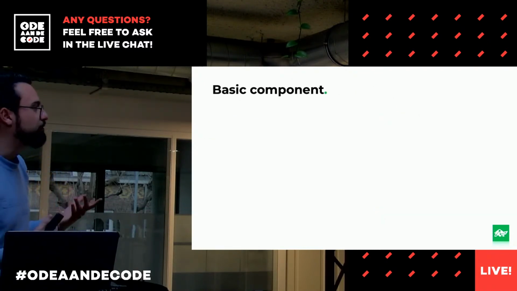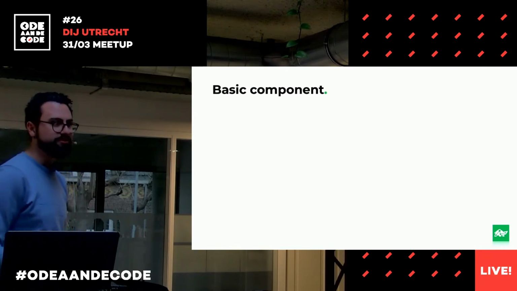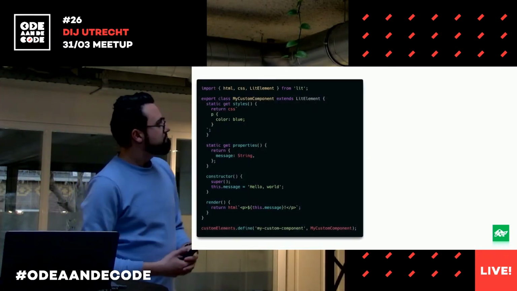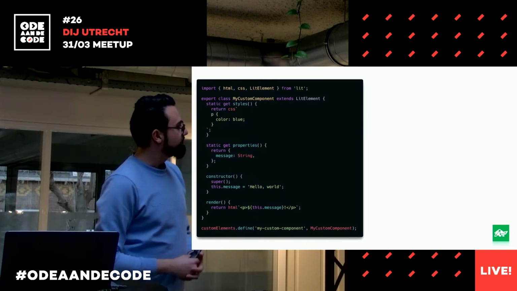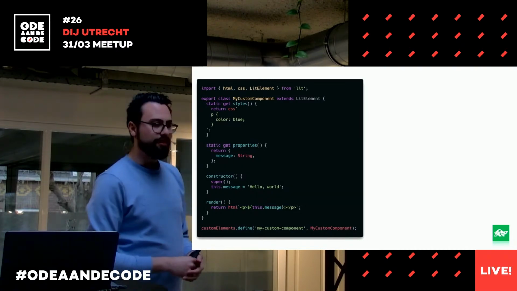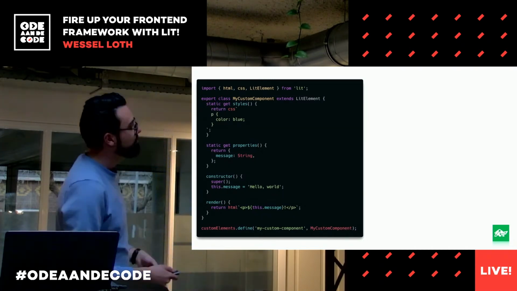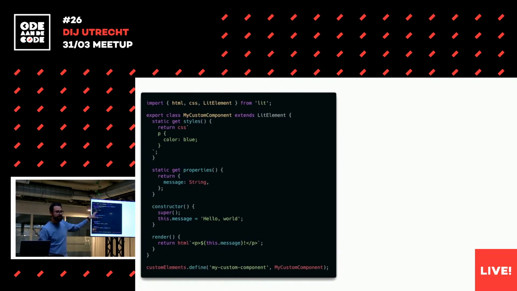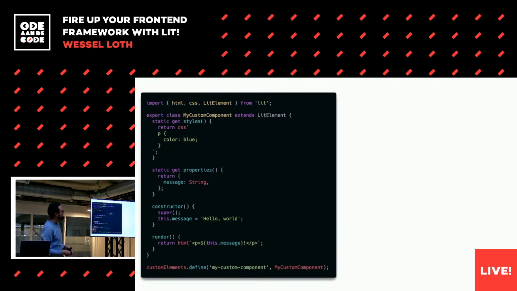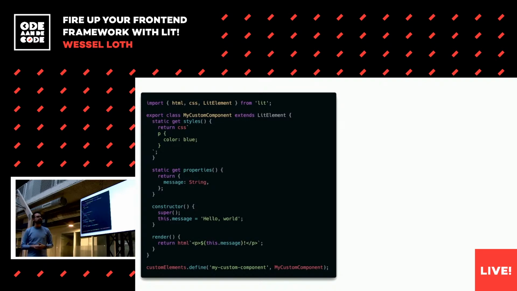So let's take a look at a basic component, a hello world. I have a class over here, a web component, and the first thing you see is that instead of inheriting from HTML element, it's inheriting from lit element. Of course, you do need to import it first, but then it's just a web component as you're used to. You can define styles within the component.